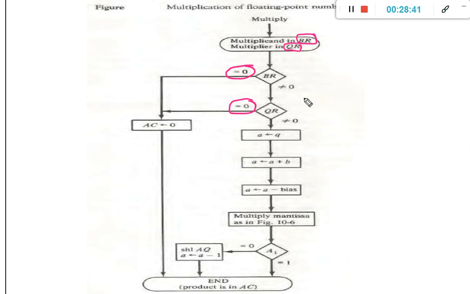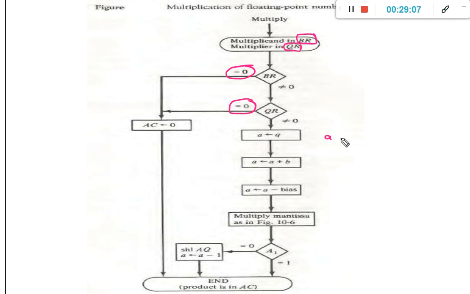If both the BR value as well as the QR value are not equal to 0, then we need to add the exponent values. How are we going to add the exponent values? Initially the exponent of A should contain the result.